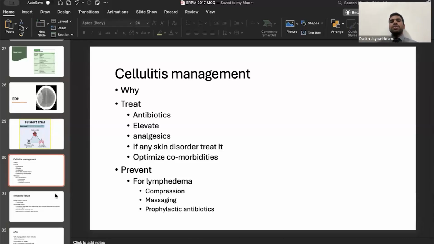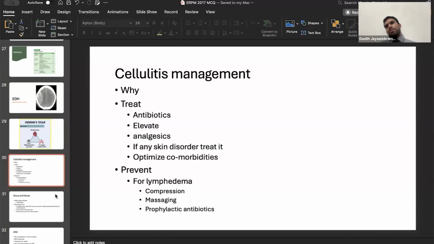Those are risk factors. It is a clinical diagnosis with features of inflammation. And when you talk about treatment, there are three questions that we should ask. First, why did this cellulitis occur, and is this the first time?